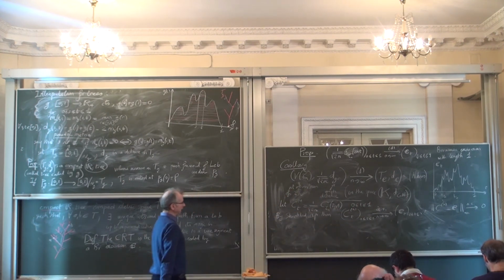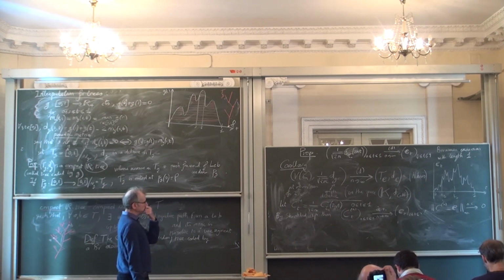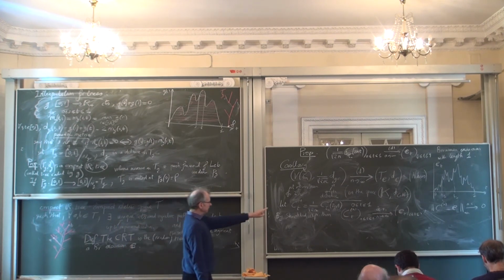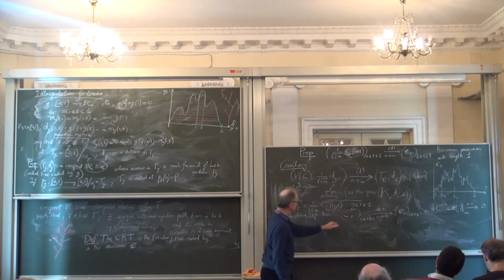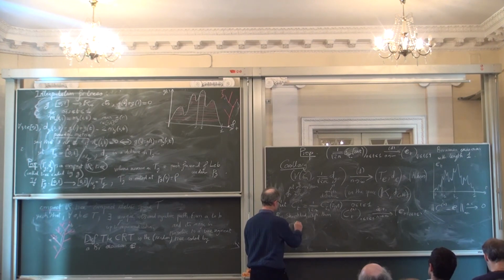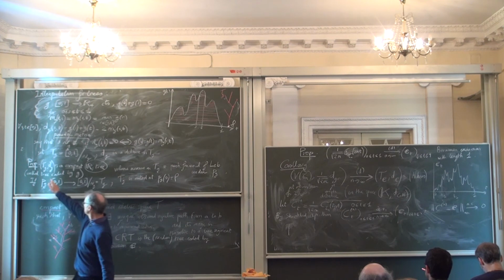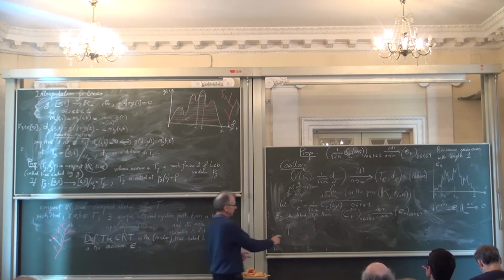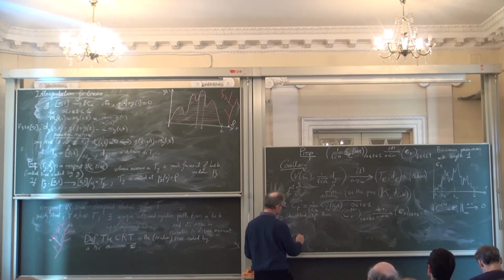And now I'm going to observe two things. The first thing is that if I look at the tree coded by this C_n, so here I use the notation T coded by a function g, I can use this function C_n to code a tree.